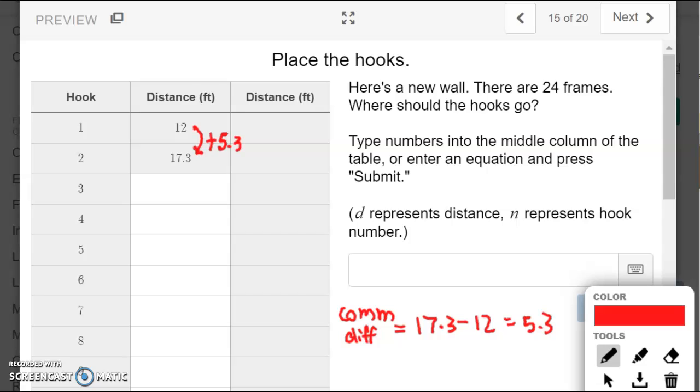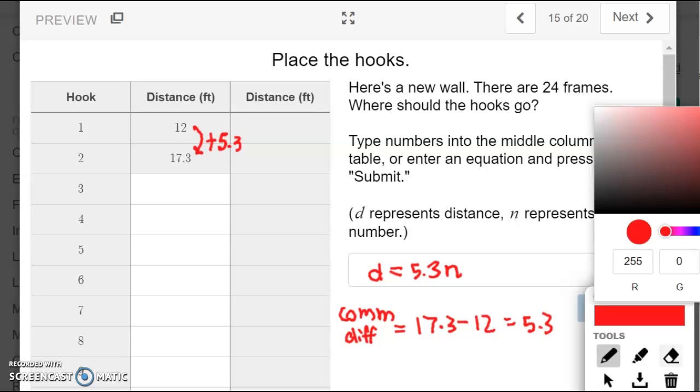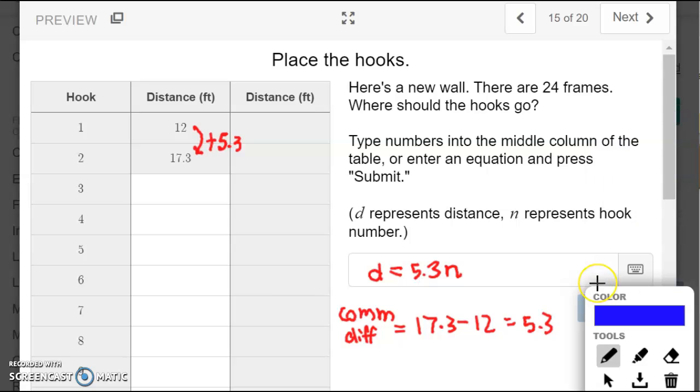So I know that the equation is going to have 5.3 as the number being multiplied by n, the hook number, and then we need to figure out the zeroth term. To figure that out, we're going to subtract 5.3 from 12.